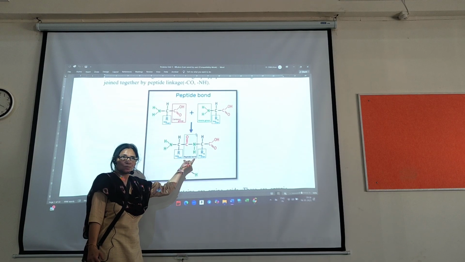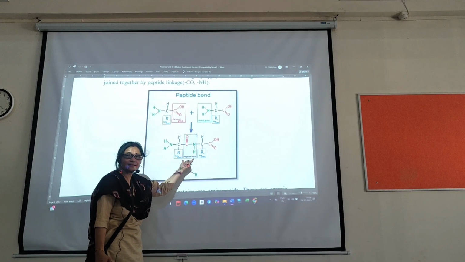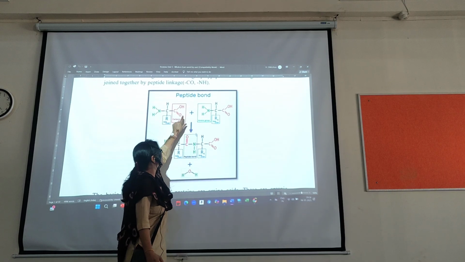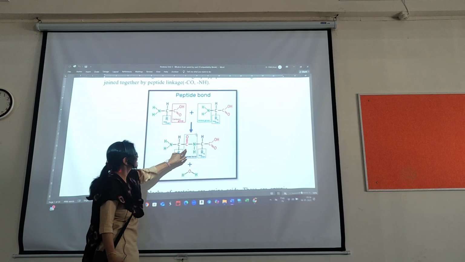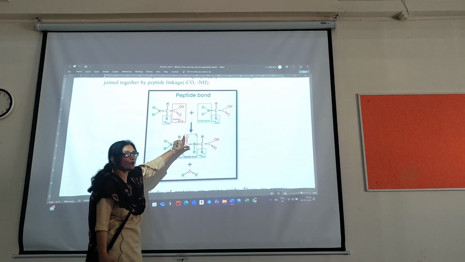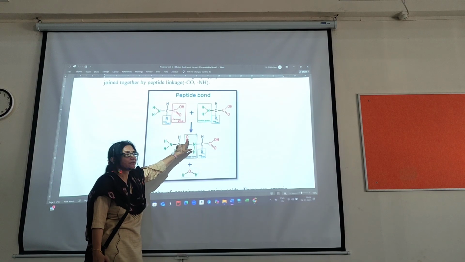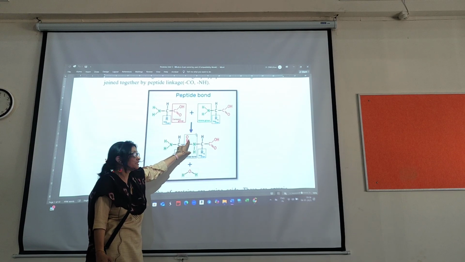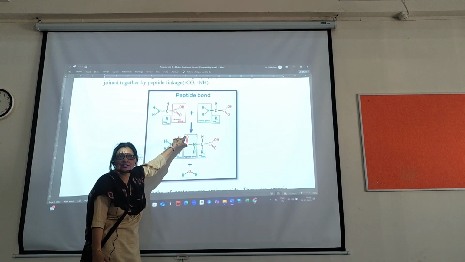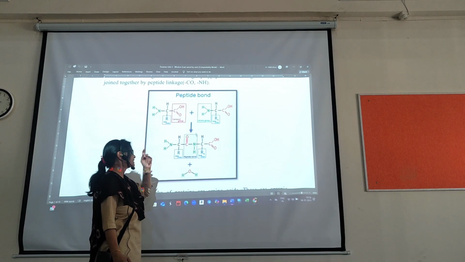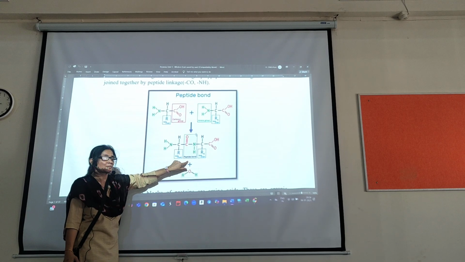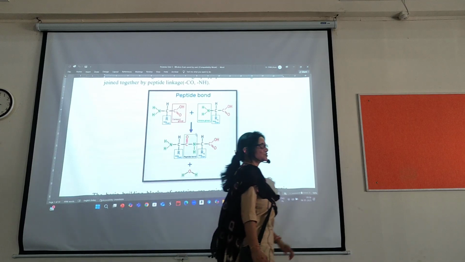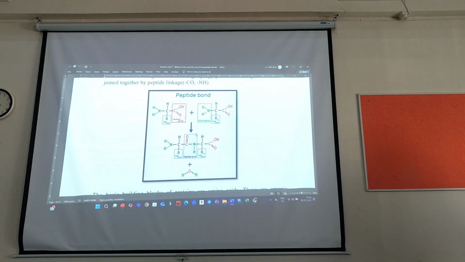A water molecule is removed, and the peptide bond is a carbon double bonded with an oxygen, attached to the NH. So this is the structure of an amino acid and how proteins are formed.